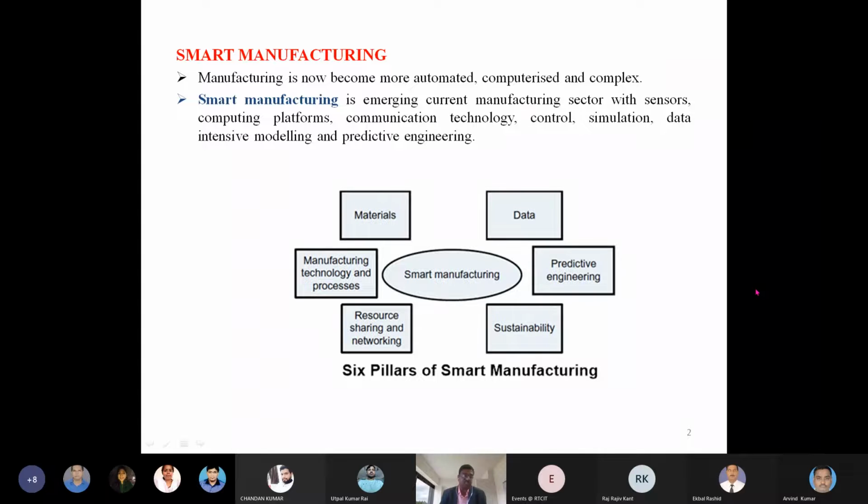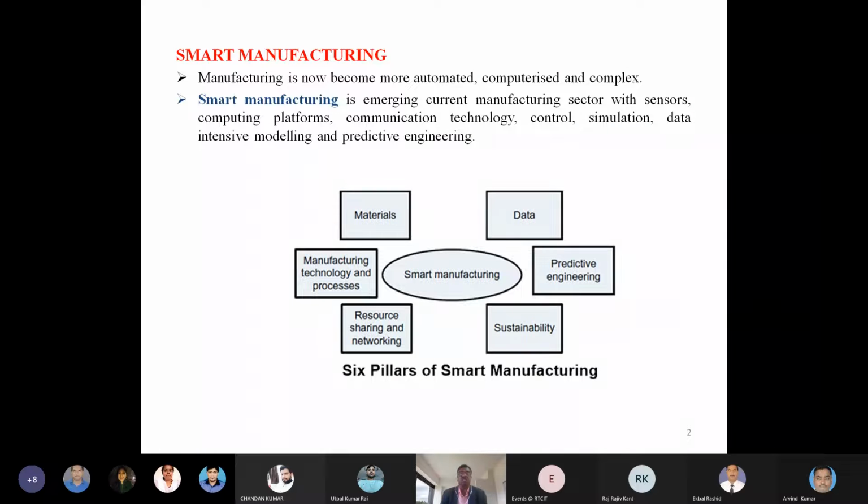The present manufacturing scenario mainly consists of smart manufacturing by employing sensors and computing platforms, communication technology, the control system, data simulation, and many other things. This utilizes the CPS, cyber physical system, and many other things like Internet of Things, cloud computing, and of course artificial intelligence and data science.